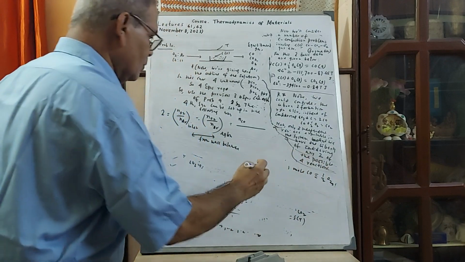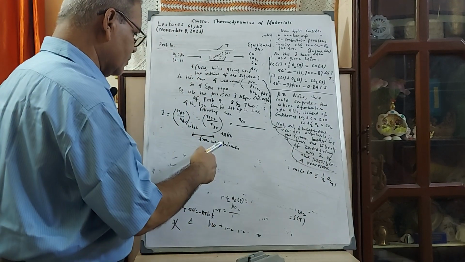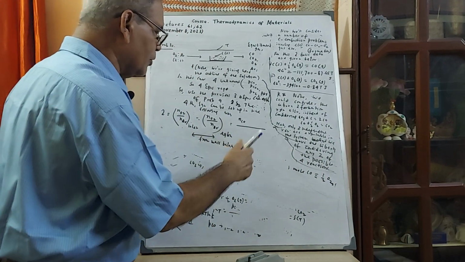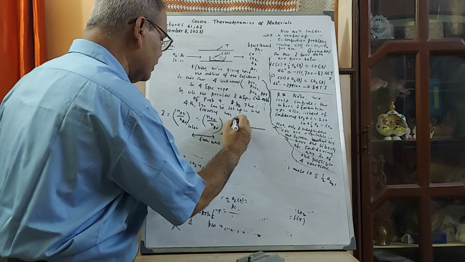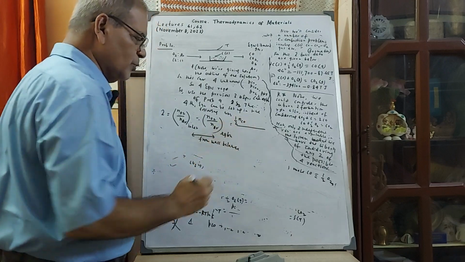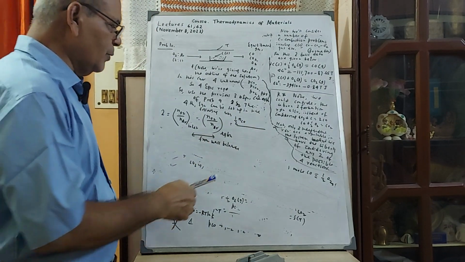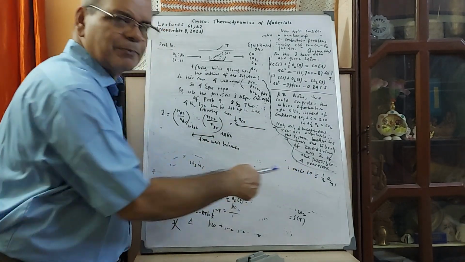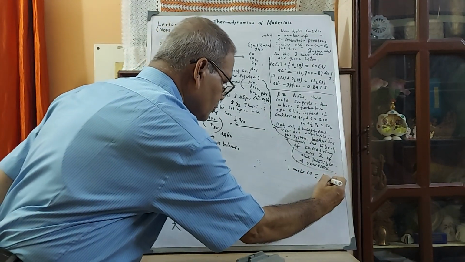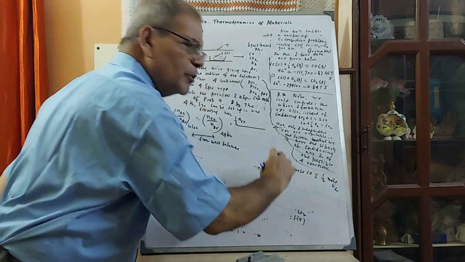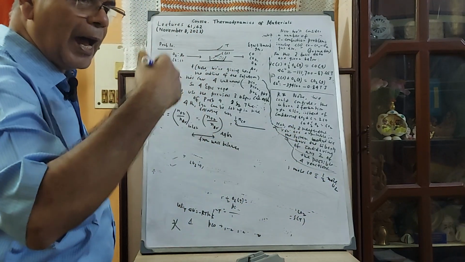So NCO moles will give you half as much moles of O2. So CO gives half as much.